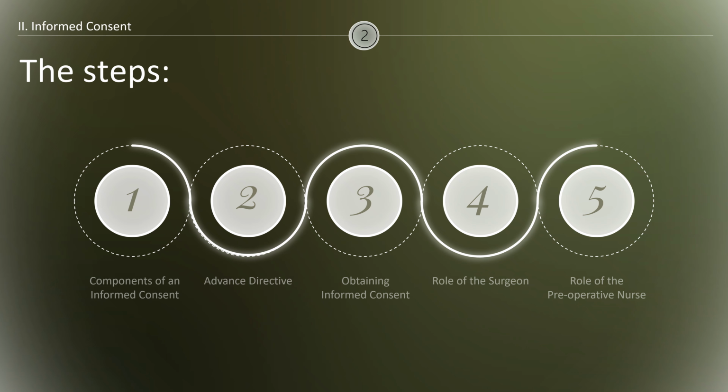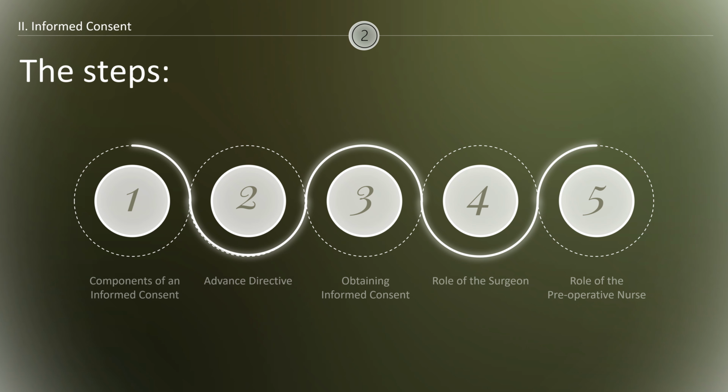Then another component is consent for anesthesia, provided by the anesthesiologist or the nurse anesthetist. It also includes type, medication, risk, and administration method.